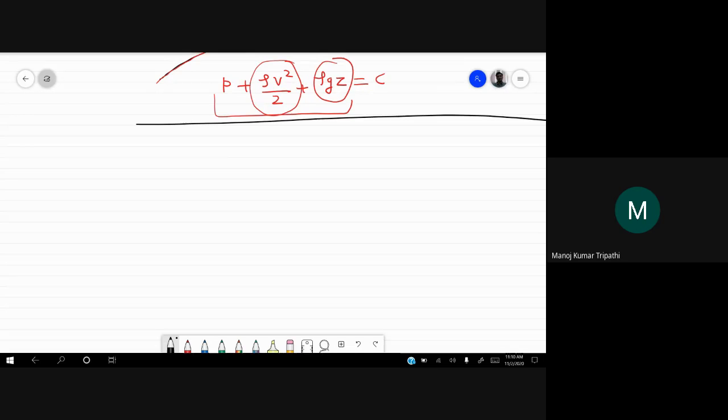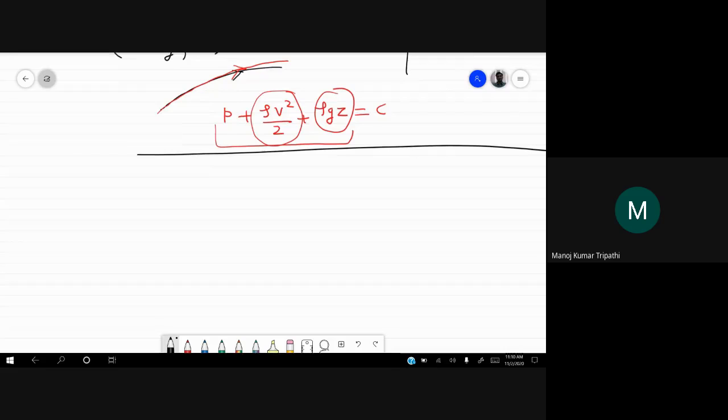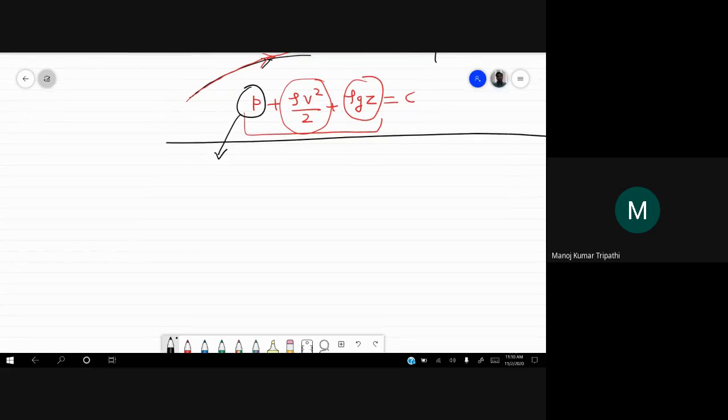So let me just define a few terms first of all. As I said, P here is called pressure, but what pressure is this? This is also known as static pressure. This rho v square by 2 is known as dynamic pressure.